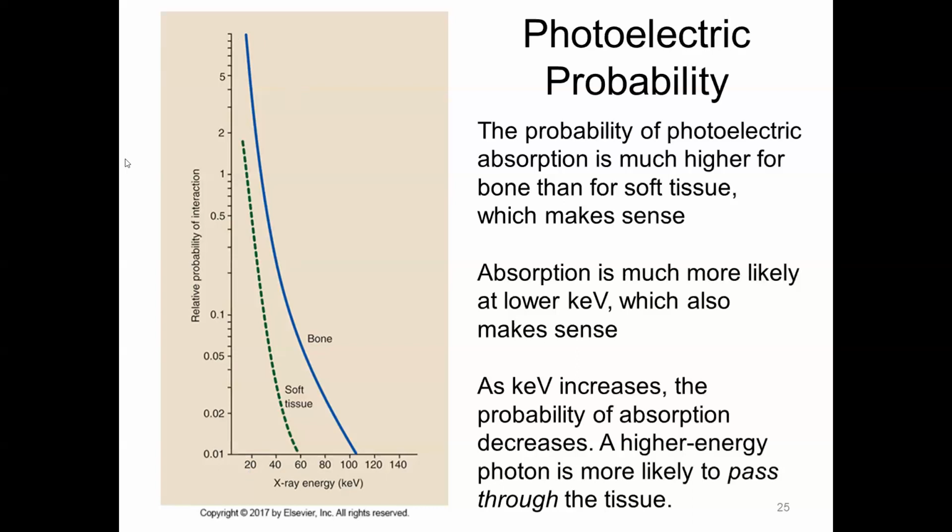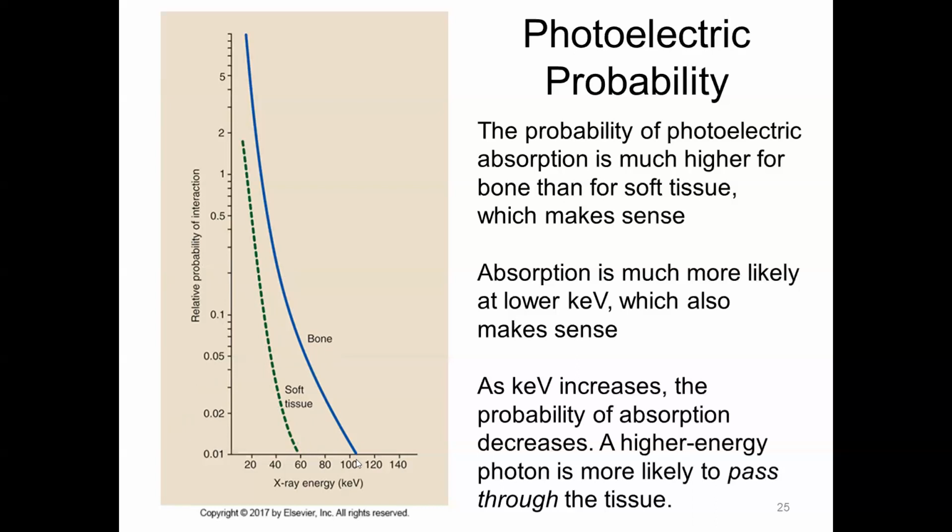You're going to have that photoelectric interaction. As you increase the energy, the odds of probability for photoelectric reaction start to drop off. You are reducing the probability on this axis that you're going to have absorption.